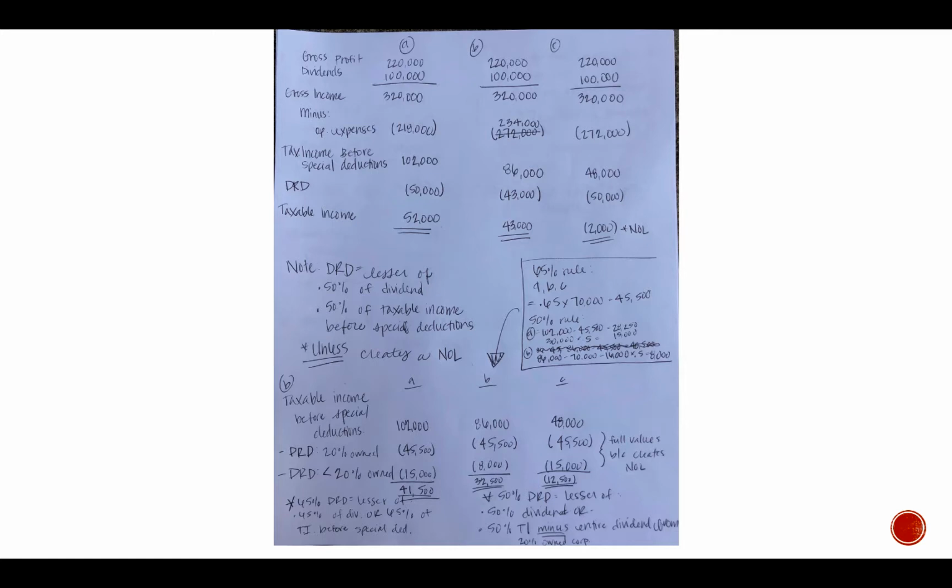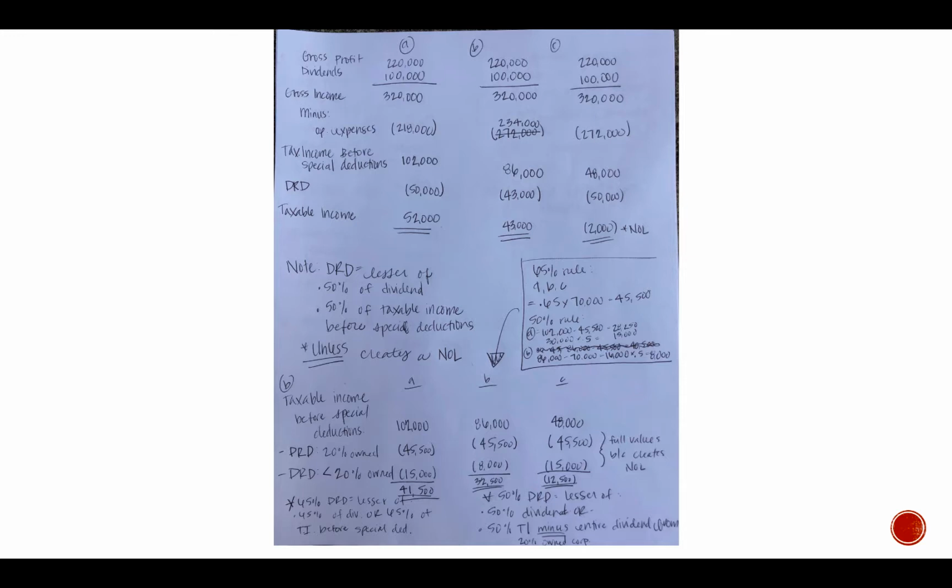So you can see in Part B, we have $86,000 minus $70,000. That's going to equal $16,000. I take that times half, times 0.5, and I get 8,000. So the limit is the lesser of $15,000 or $8,000. So 8,000 is smaller. That's the limit that is going to apply in Part B.